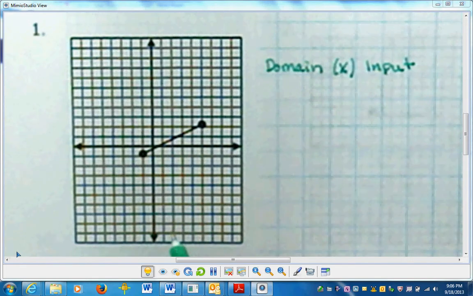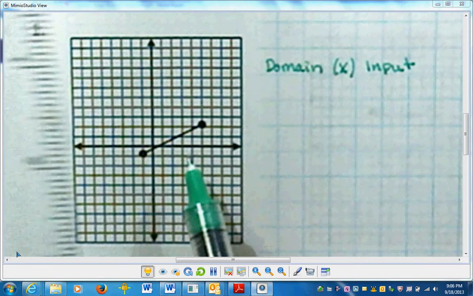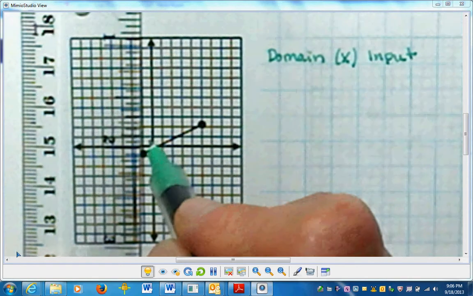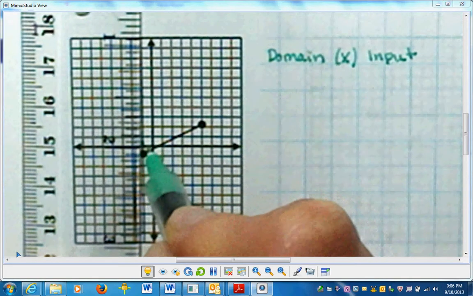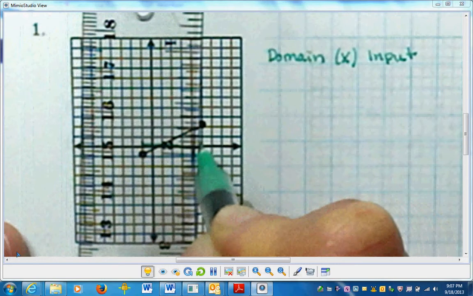So the first thing I want to do is look at the lowest value that x can be. And so I see right here at x is -1 is where I first start my function. So my function begins right here, and it continues until right here, and that's the end of my function.